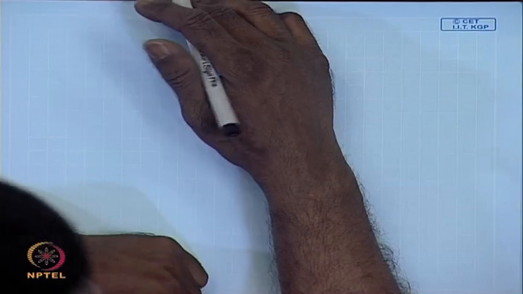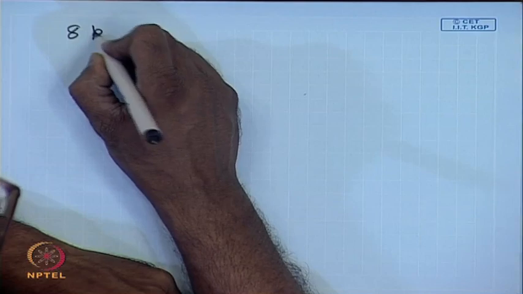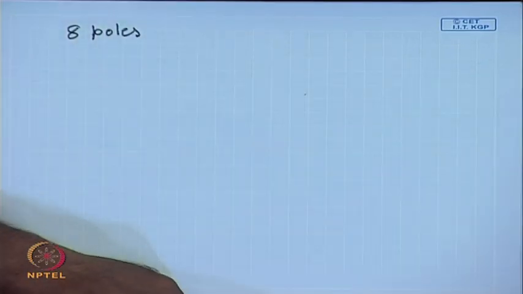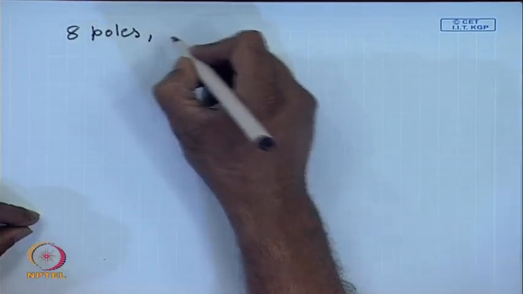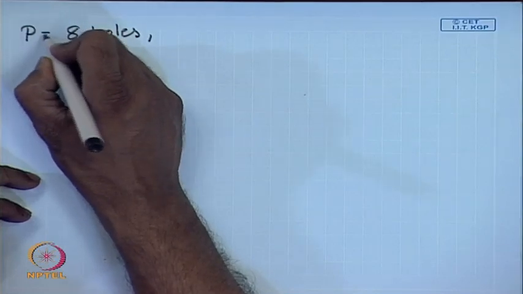So, let us try to solve some problems involving commutation, induced voltage, interpoles, etc., of a DC machine. Let us say that we have a DC machine with 8 poles, that is P equal to 8.